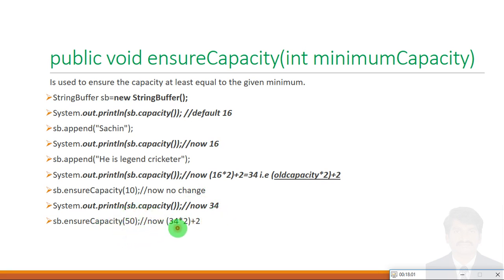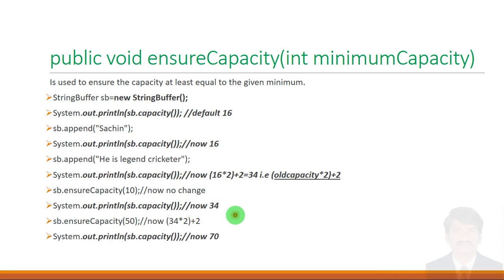Now we have to increase the capacity. How will it increase the capacity? Again the formula is old capacity into 2 plus 2. That is 34 into 2, 68 plus 2, 70. If we print the capacity now, it will print 70.